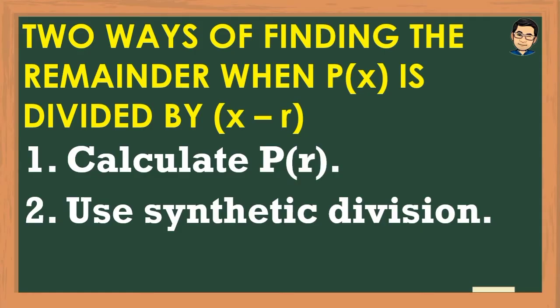So, aside from synthetic division, isang paraan din nga is yung pag-calculate ng p of r. So, para mas maging maliwanag yung discussion natin regarding remainder theorem, we will apply these two ways para makita natin na gamitin man natin yung unang method, kapareho lang siya ng second method. Ibig sabihin, magkapareho lang yung remainder na makukuha.